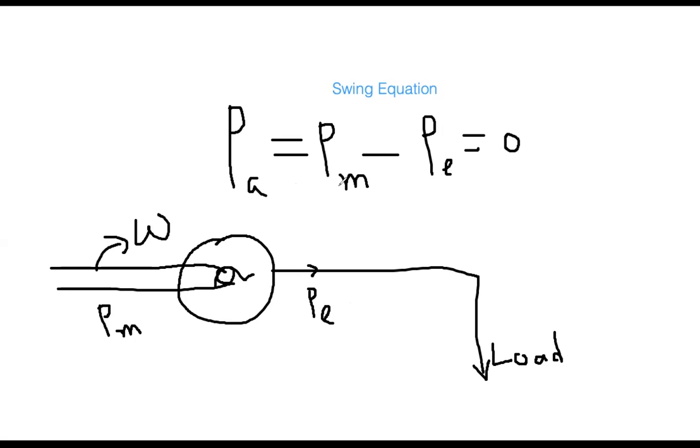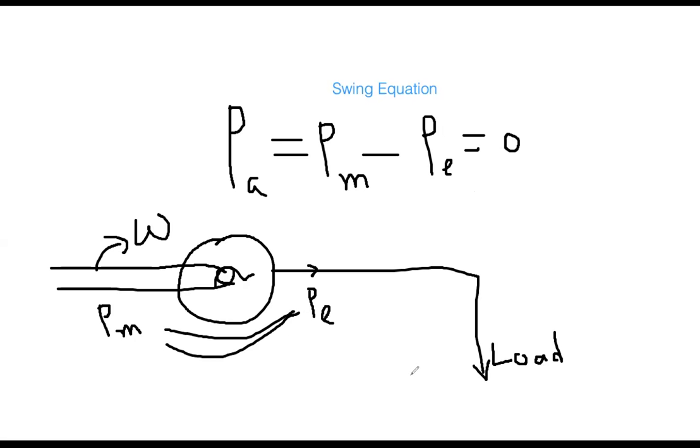What is that? P_a equal to P_m minus P_e, and I have written that it is 0. This means I am assuming that during normal condition, my P_m equals P_e. This means that mechanical power equals the electrical power. In other words, I am assuming that this generator has no losses, no friction loss, no windage, everything. I mean, pretty ideal condition.